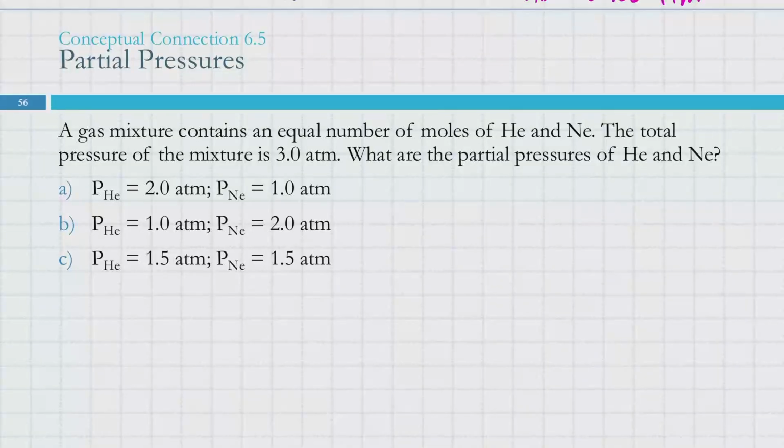Our options are: partial pressure of helium is 2 atmospheres and neon is 1; the other option of 1 atmosphere for helium, 2 atmospheres for neon; and 1.5 atmospheres for both. Any guesses?